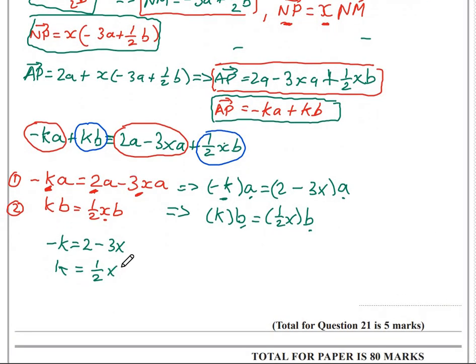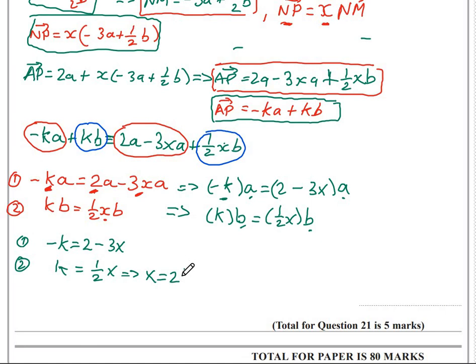These are our scalar simultaneous equations. Now I can rearrange to get x in terms of k. So x equals 2k.